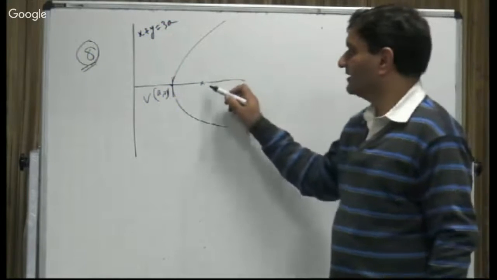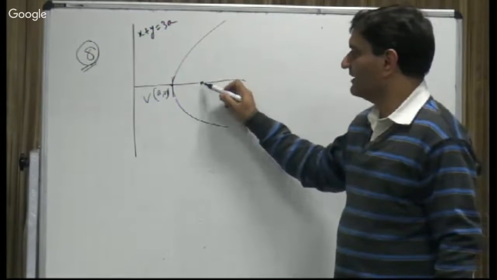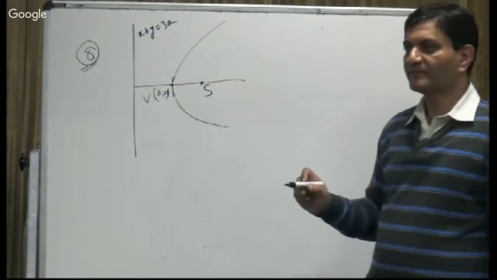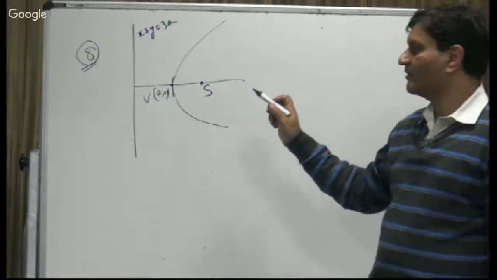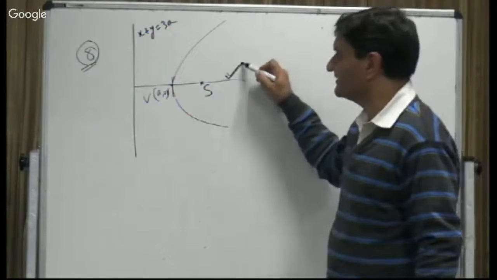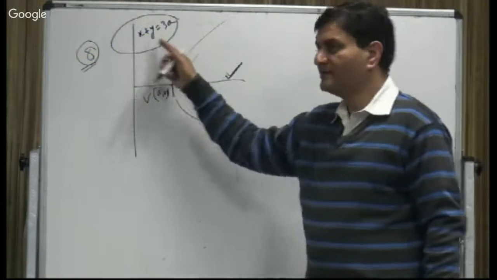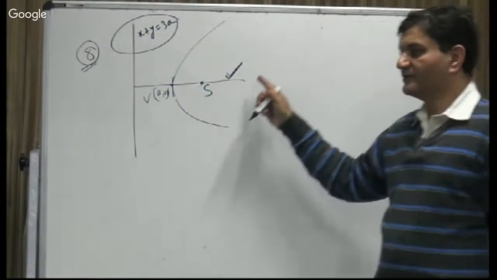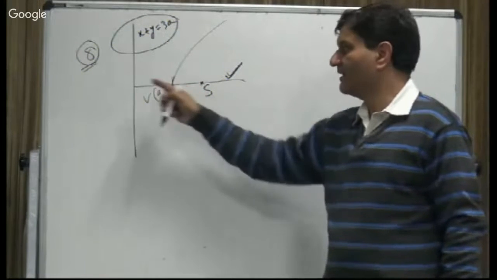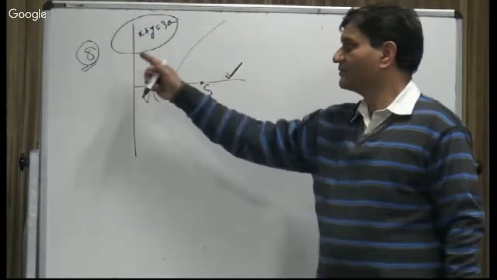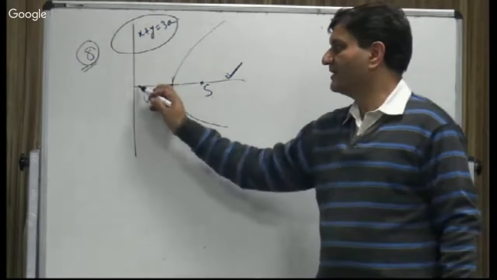How will you find the equation of the parabola? To find the equation of the parabola, you have to find the coordinates of focus. What will you do to find the coordinates of focus? You will find equation of the axis. You are given the equation of the directrix. Your slope is minus 1. Slope of the axis is 1. Using the slope and this point a, 0, you find the equation of the axis. You solve these two lines and obtain this point.